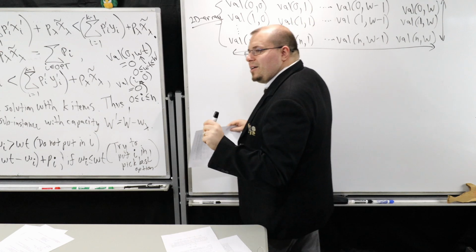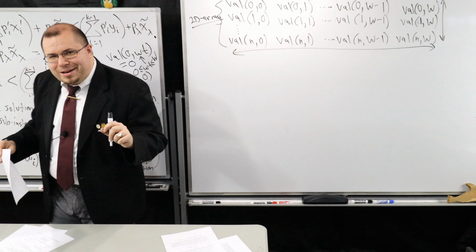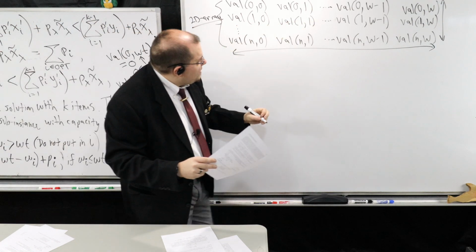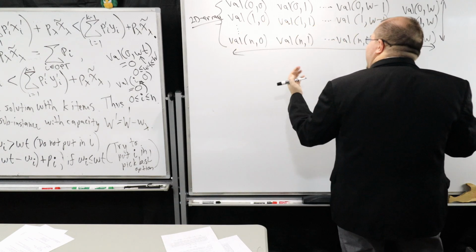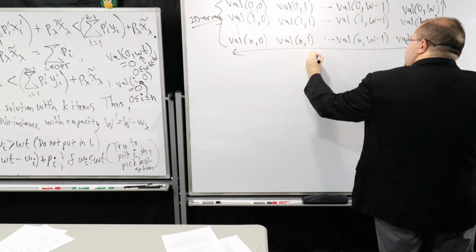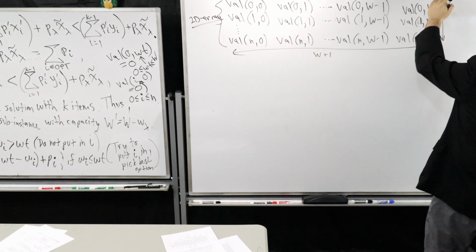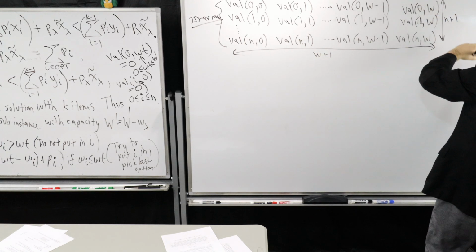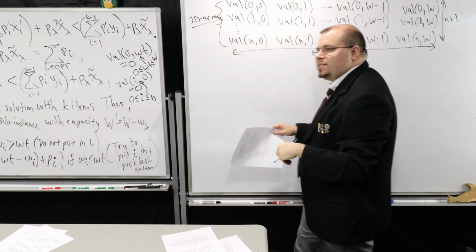Since I start at 0, the dimension is always going to be 1 higher than n and W. So I'm going to have W plus 1 columns, and here I'm going to have n plus 1 rows.